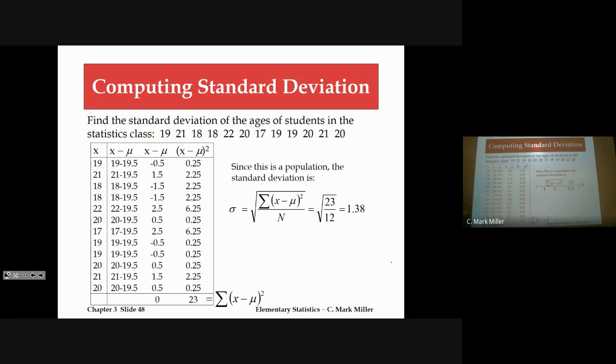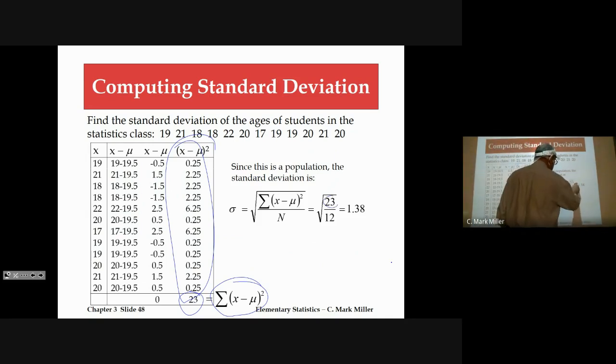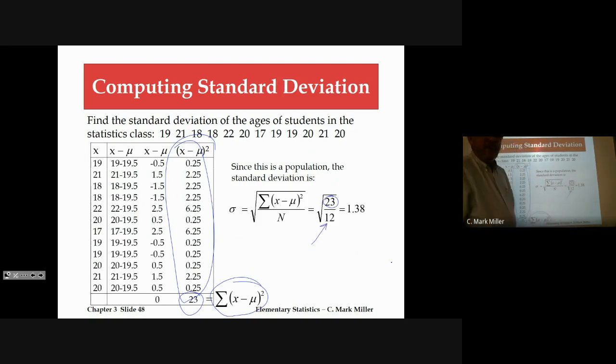Now, for our formula, we need to sum this column. And that gives me 23. That's called the sum of squares. The 23 goes right here in my formula. Since it's a population, I divide by 12. If it were a sample, I would divide by 11.